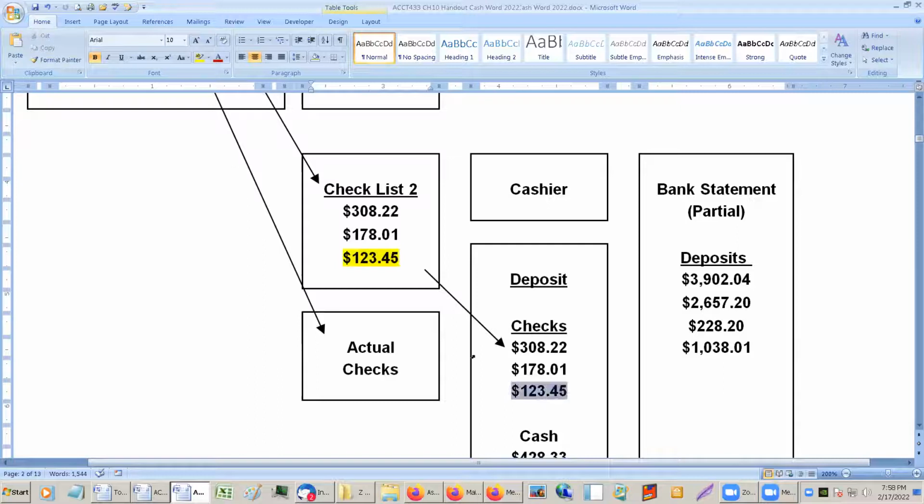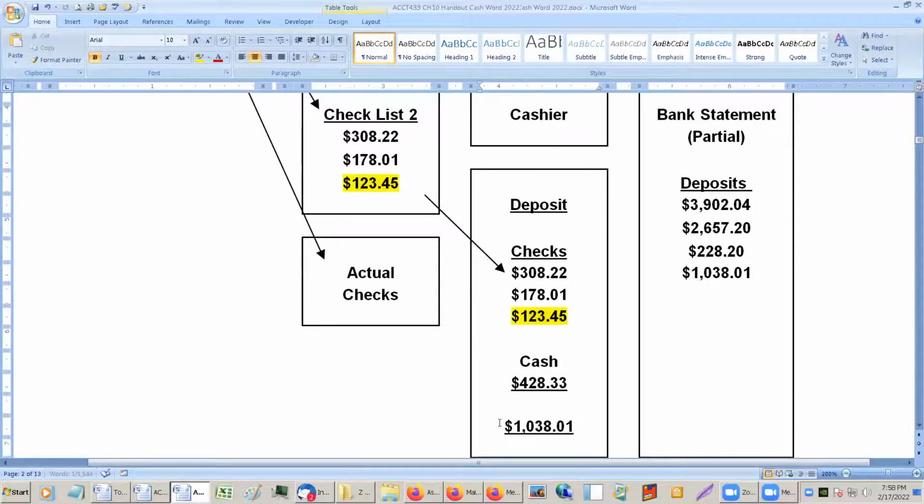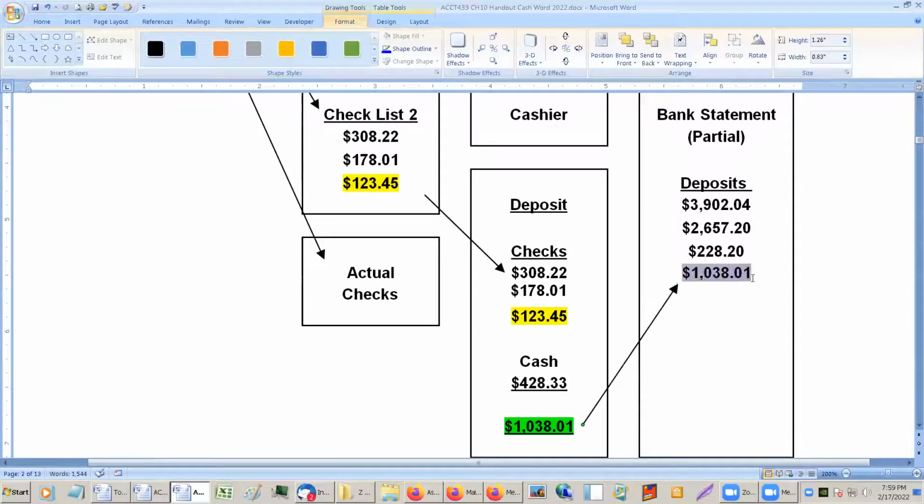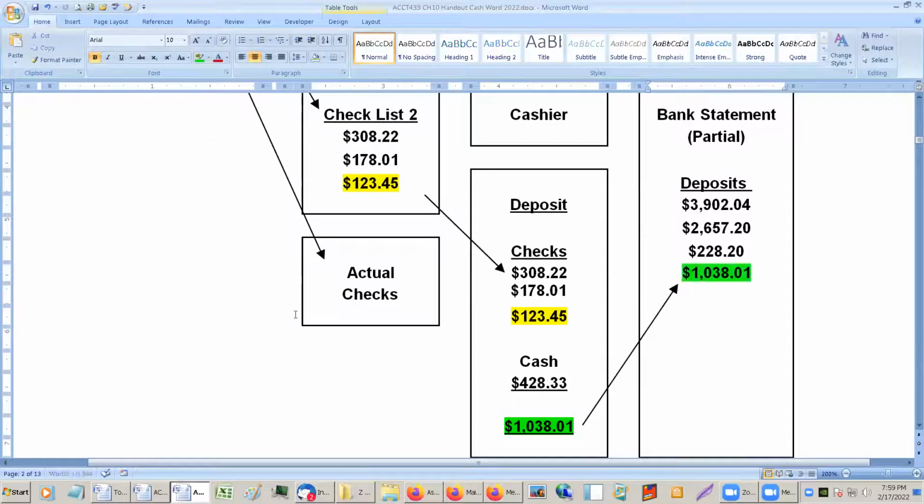Here it is going into the deposit. Here's the total deposit going in to the bank. So they make the deposit, and it goes into the bank along with any other deposits.